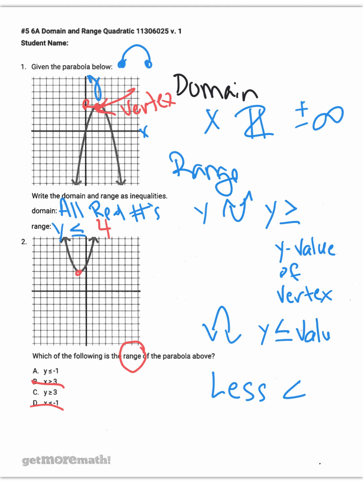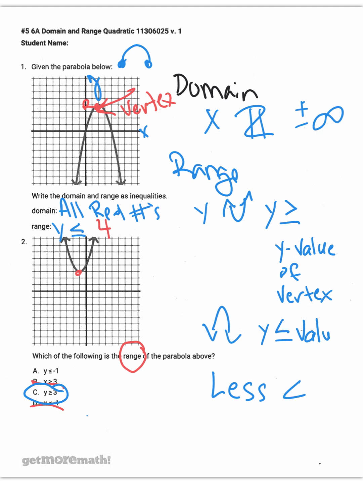For these next questions, A is 1, B is 2, C is 3, D is 4. So what's my answer? A or C? C. Very good. Greater, because it's going up and it starts at 3. And where did they get the wrong answer from? The -1 is the X value. So they're ready for you to make that error.